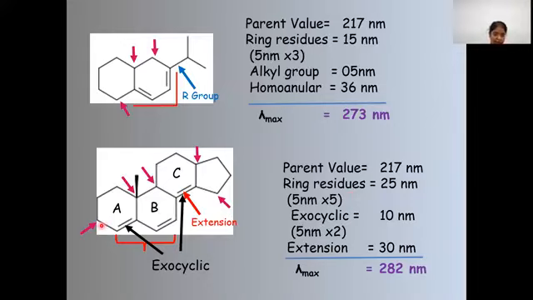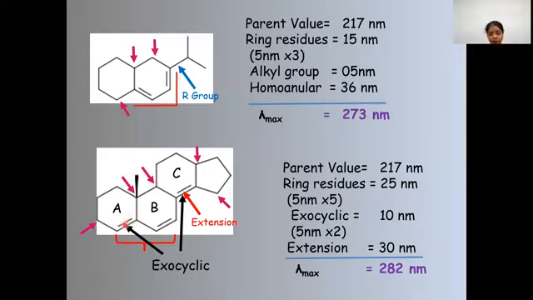Now we consider the exocyclic double bond. 3 rings are there, A, B, and C. Ring B has 1 double bond which is present outside of the ring, but it has 1 double bonded carbon atom.